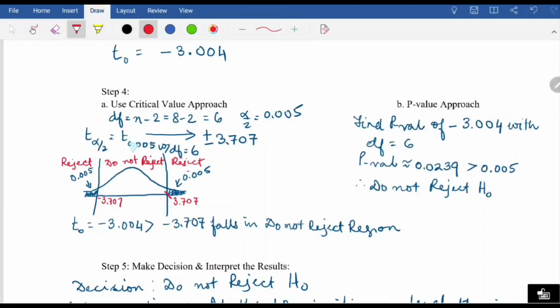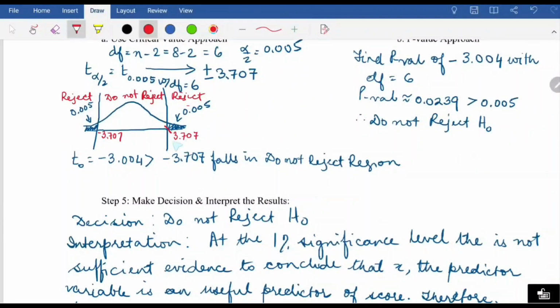So when we find T of 0.005 with DF equals 6, the cutoff values, the critical values are plus minus 3.707. Again, it's important to write the plus minus to your critical values for a two-tailed test, all right?